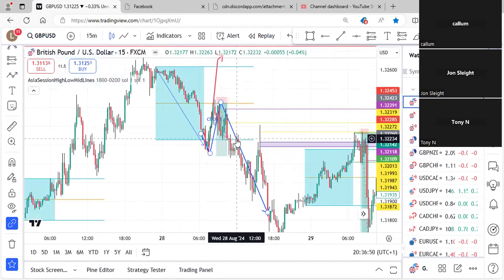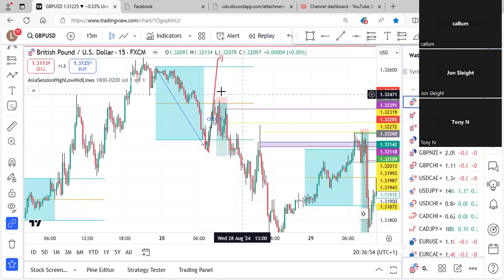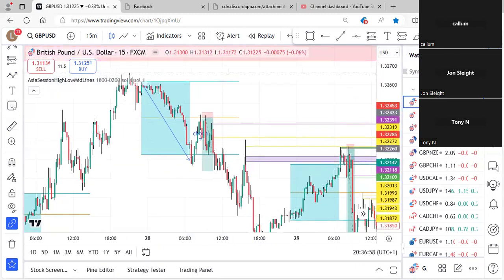which I'll just draw quickly. So I'm taking smaller time frame structures into consideration because I'm only looking at daily trade zones. We've possibly got something like this.